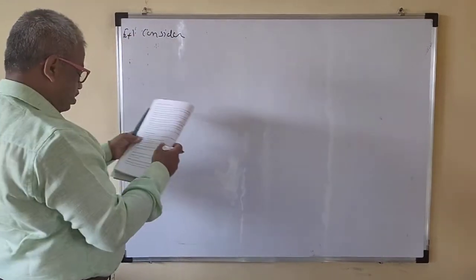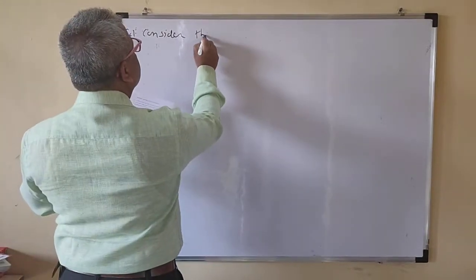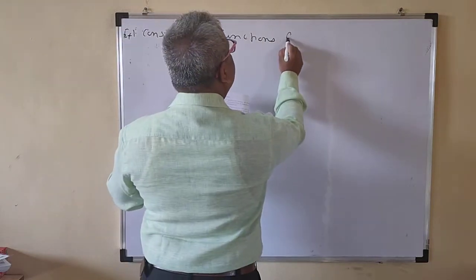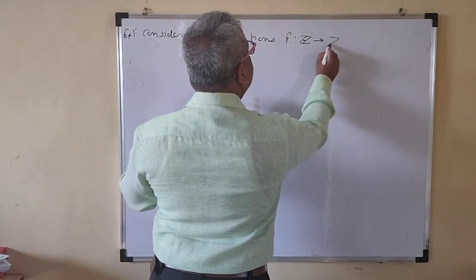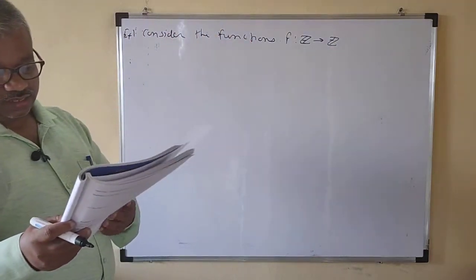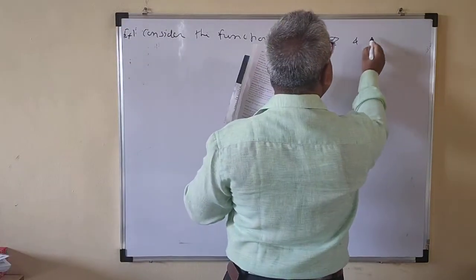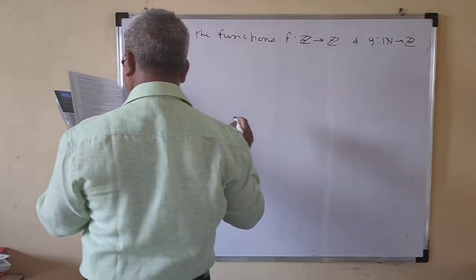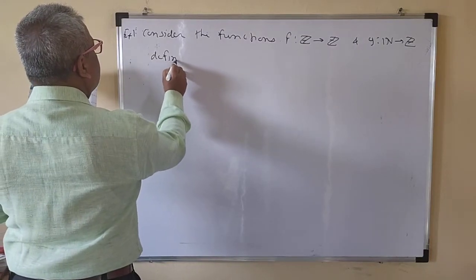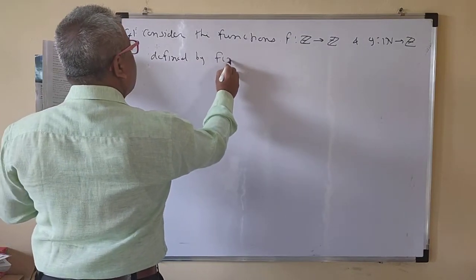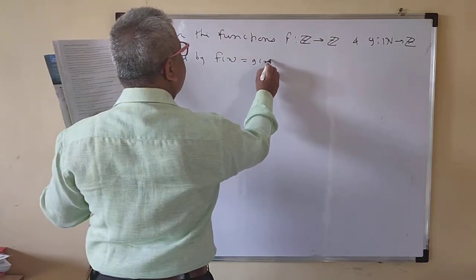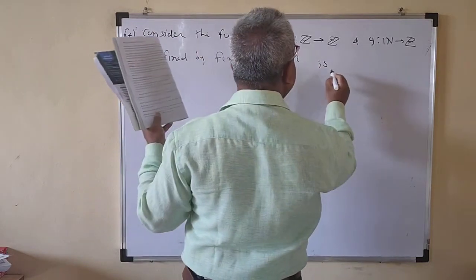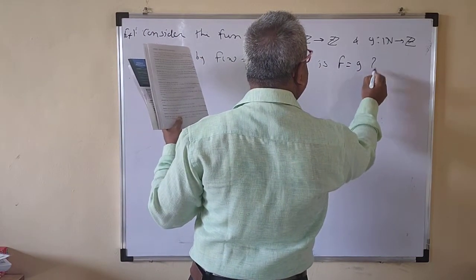Consider the functions f from Z to Z, where Z is the set of all integers, and g from the set of natural numbers to integers, defined by f of x is equal to g of x is equal to x cube. Now the problem is: is f equal to g?